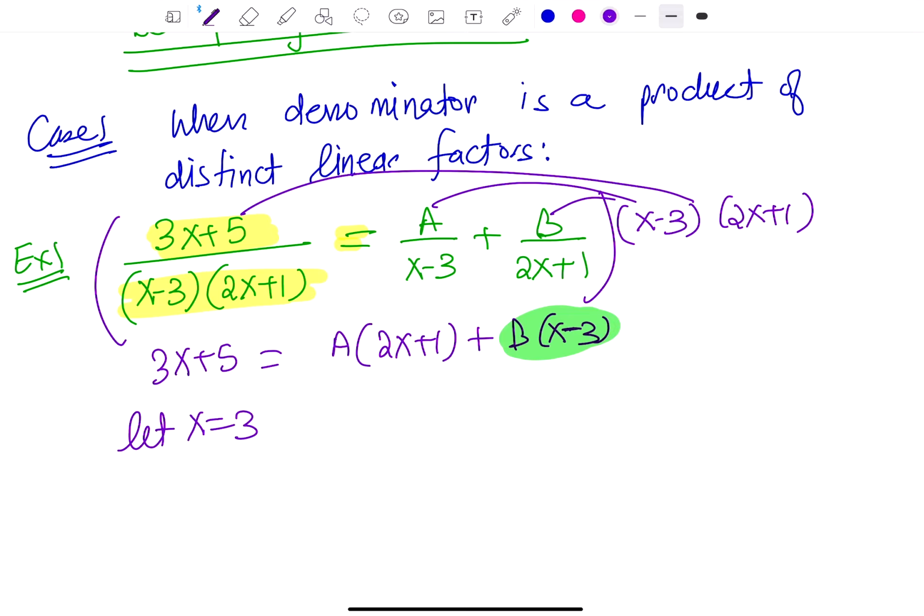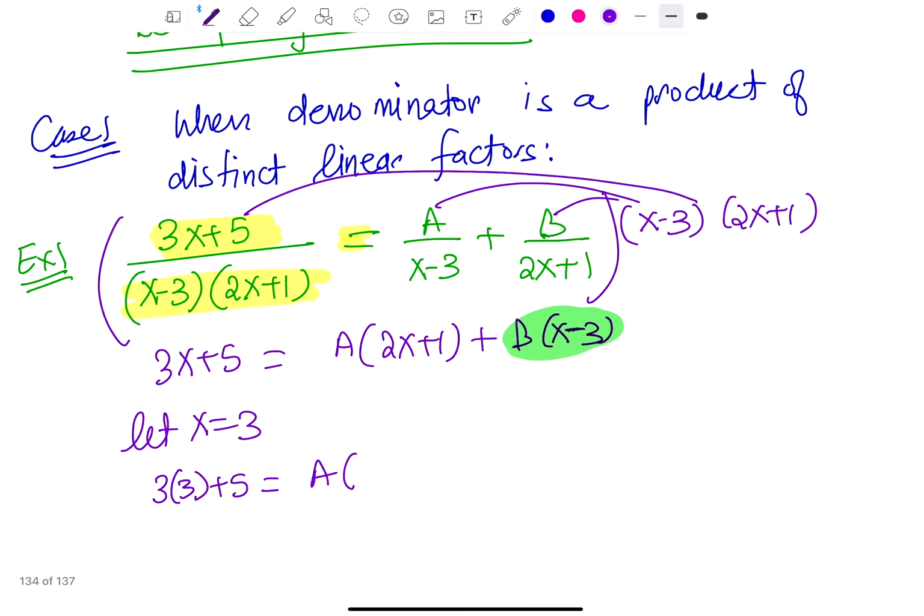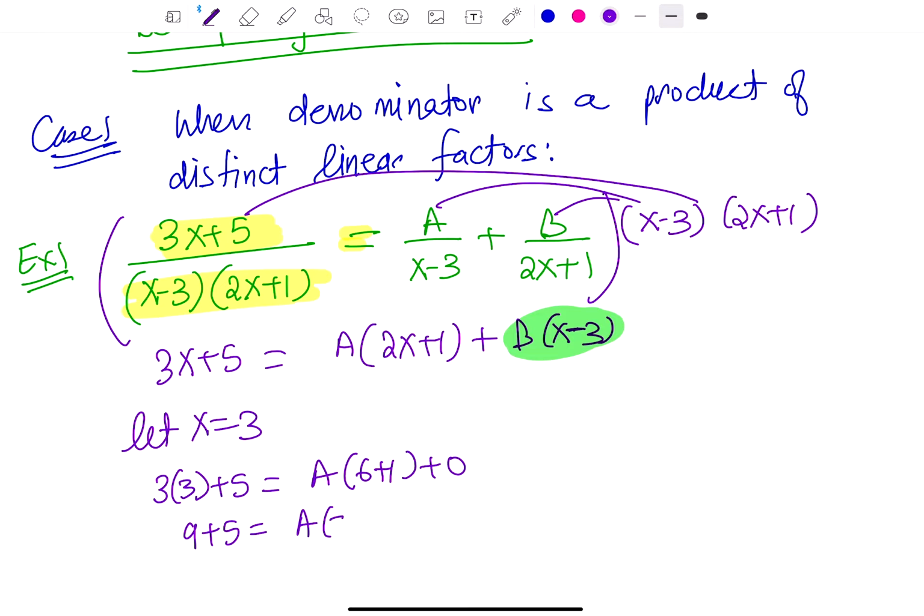Let x equal 3. That leaves me with 3 times 3 plus 5 equals A times 2 times 3 is 6 plus 1, plus 0. So 9 plus 5 is A times 7. 14 equals 7A. It comes out to be 2. Okay, so we just found A as 2.